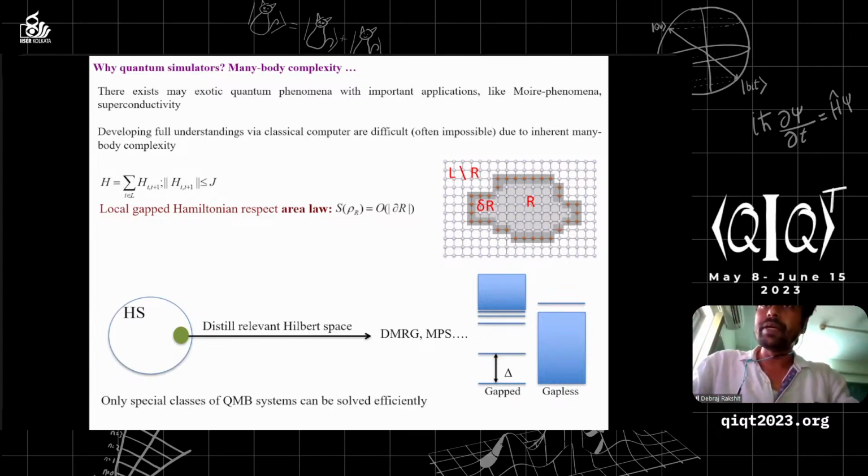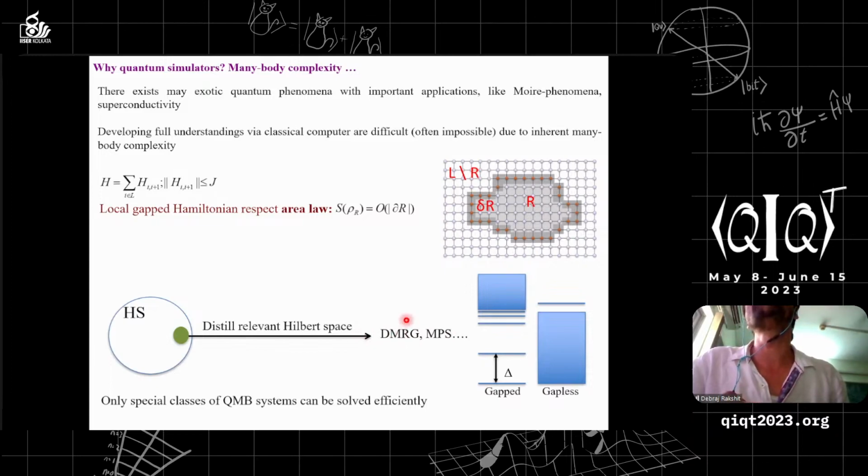The Hilbert space is pretty big, okay, but the information is actually hidden in a very small area. So let's say that this is your total Hilbert space, and this green region is where your information is written. If you know how to distill this information, then you can solve the system. So that's how you can do this.